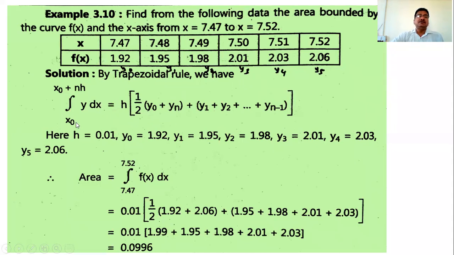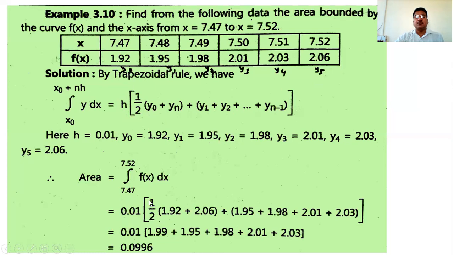And so by using the trapezoidal rule, what is the area? Integration 7.47 to 7.52 fx dx or y dx is equal to h by 2, right? This 1/2 outside the bracket. H by 2 in bracket y0 plus y5.